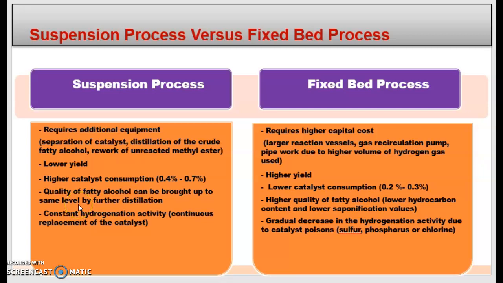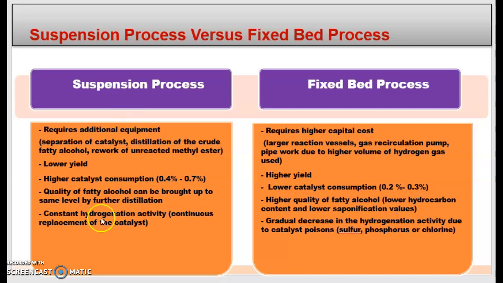However, the quality of the fatty alcohol can be brought up to the same level by further distillation. Higher quality fatty alcohol, which means lower hydrocarbon content and lower saponification value, can be obtained from the fixed bed process.